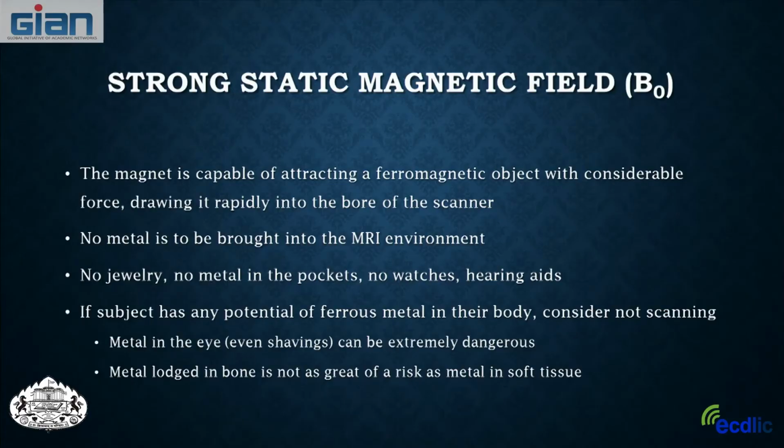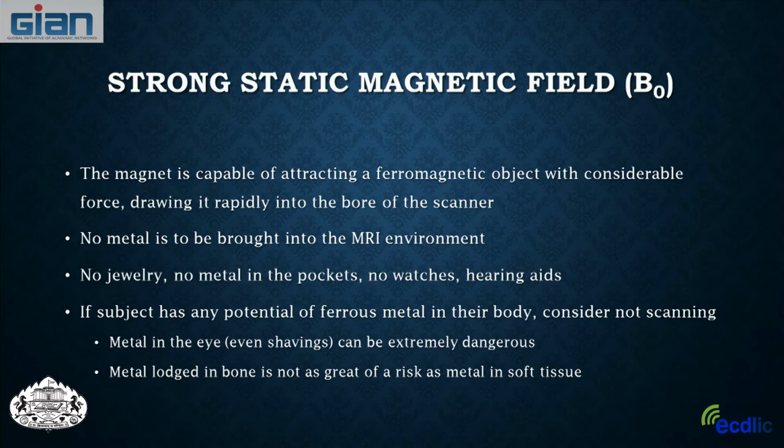So probably the biggest risk in this environment is the strong magnetic field. The magnet is capable of attracting ferromagnetic objects with considerable force. We're going to watch a few videos to show how big this force is. But what happens is this magnetic material is drawn very rapidly into the bore of the scanner. The bore of the scanner is where we put the person's head.